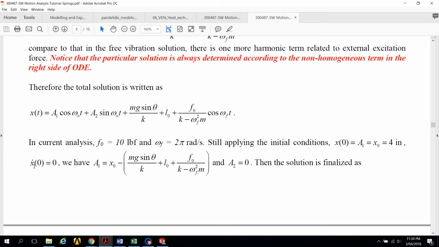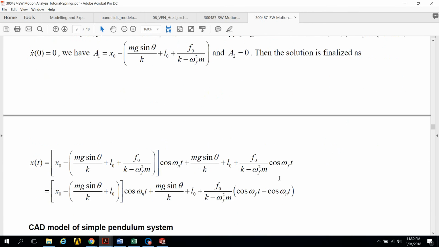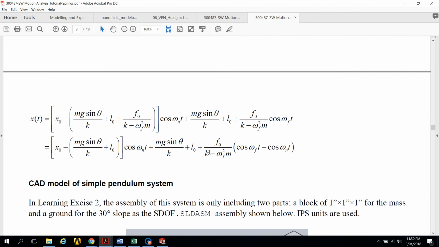For x dot of t equal to 0, we have that A1 is equal to x initial minus mg sine theta divided by k plus L0, plus F0 divided by (k minus omega f squared m), and A2 is equal to 0. Then this solution is going to be finalized as the following equation.